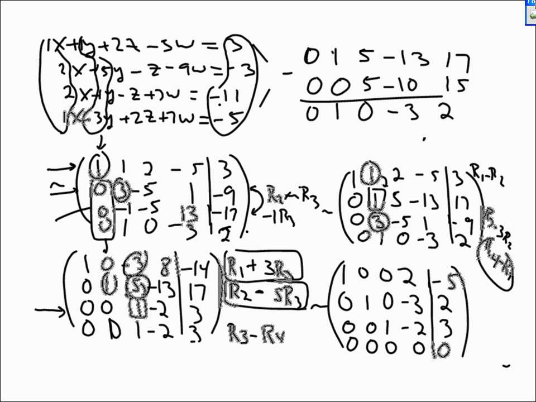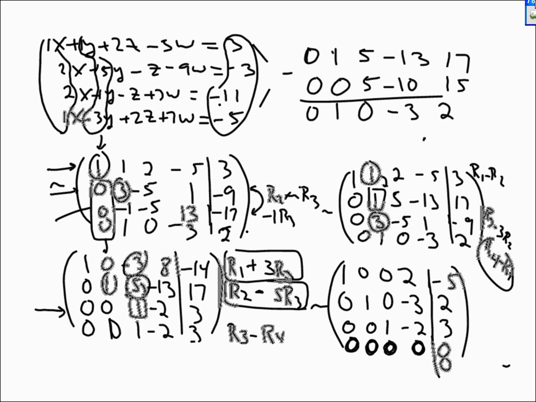Couple of comments. If our bottom row is 0, except for the number to the right, say you have an 8, well, that creates a problem, because 0x's plus 0y's plus 0z's plus 0w's should equal 0, not 8, not negative 11, not 15.